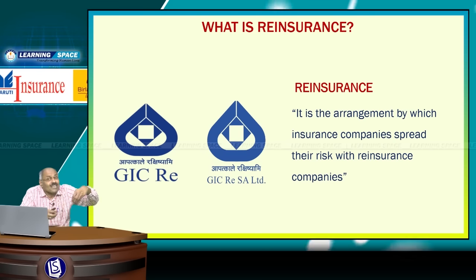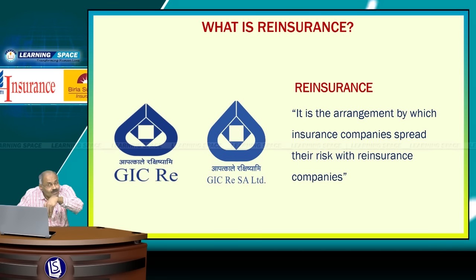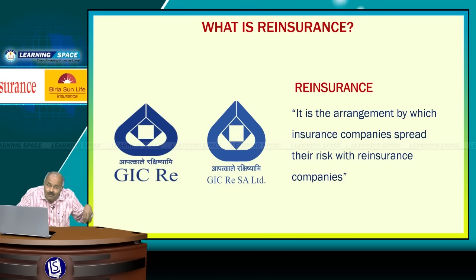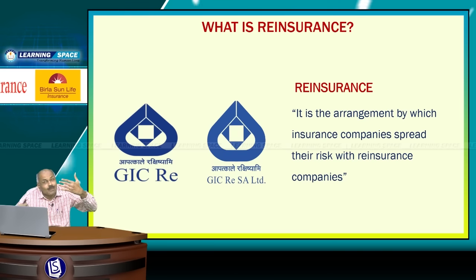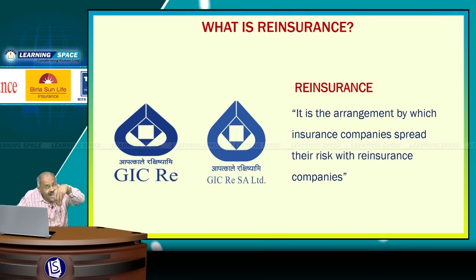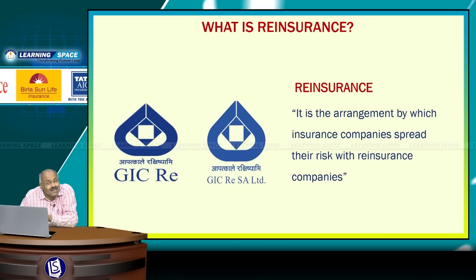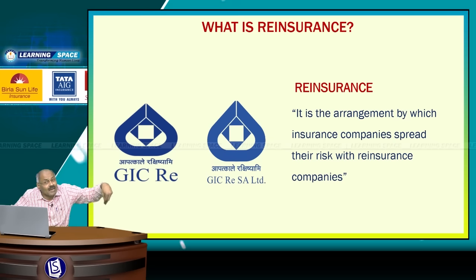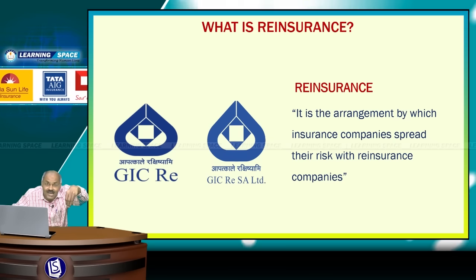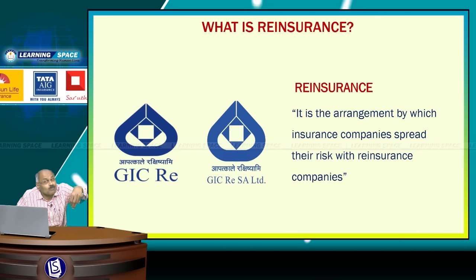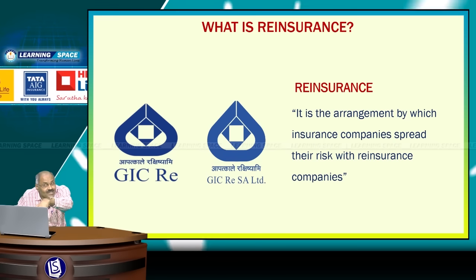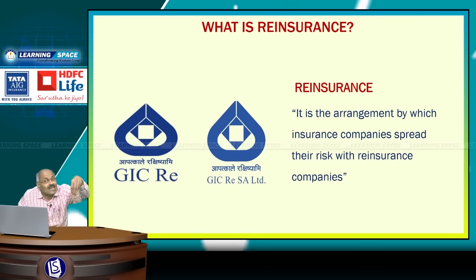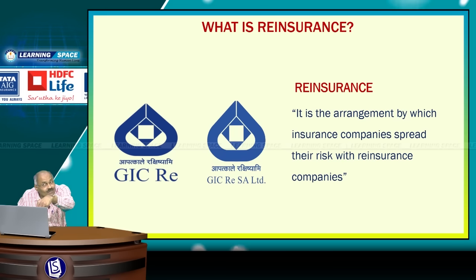But subsequent to 2000, specifically in the year 2002, an amendment was brought to delink these 4 subsidiaries from GIC, and these 4 subsidiaries are now owned by the Government of India. So, GIC became GIC-RE, and GIC-RE has established its subsidiary in South Africa, please don't forget. This General Insurance Corporation Reinsurance has established its subsidiary in South Africa.